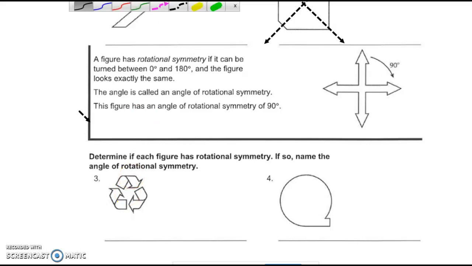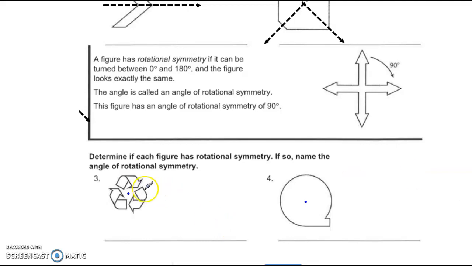For example, the center of this figure here would be about right there, correct? And the center of this figure would be about right there. We could trace our figure and then rotate it around that center, and it will fit at some angle measure. So how do we figure that out? Does it look like number 3 has rotational symmetry?